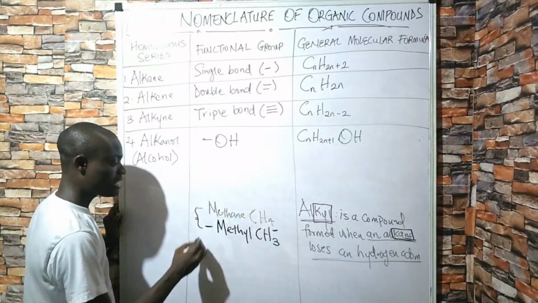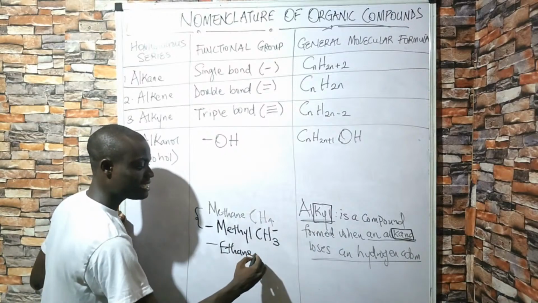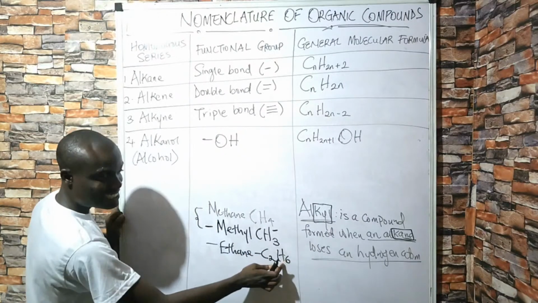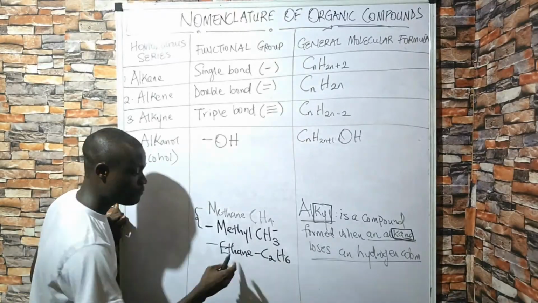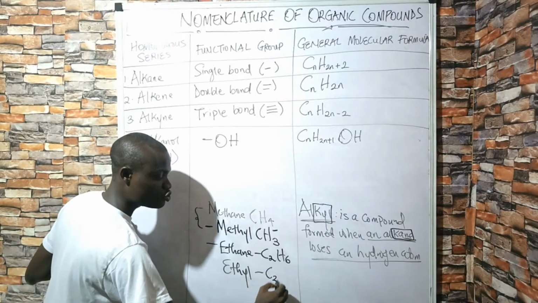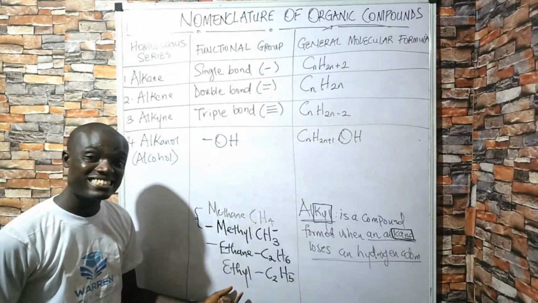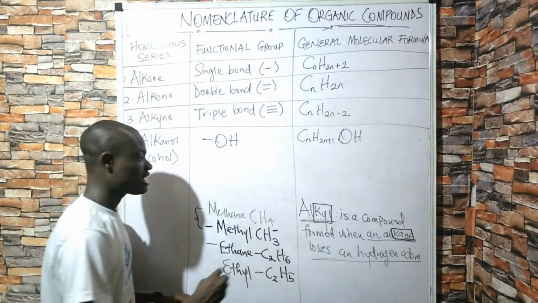So similarly, we can have ethane. Ethane is C2H6. So when this loses one hydrogen, out of 6 it's going to be 5. So now we're going to have what we call ethyl. Ethyl is going to be C2H5, no longer 6. Similarly, we can have propane.